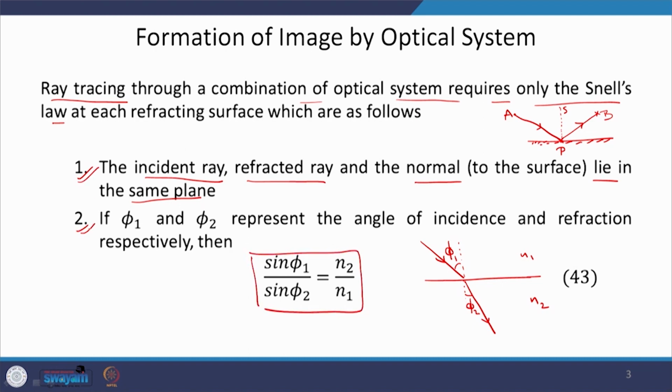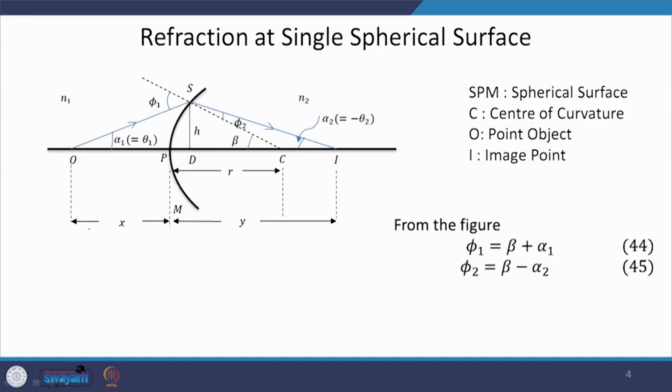Now, we will apply these two points and see how to trace a ray through a single interface. Single interface means single spherical interface. Now, what is a single spherical interface?